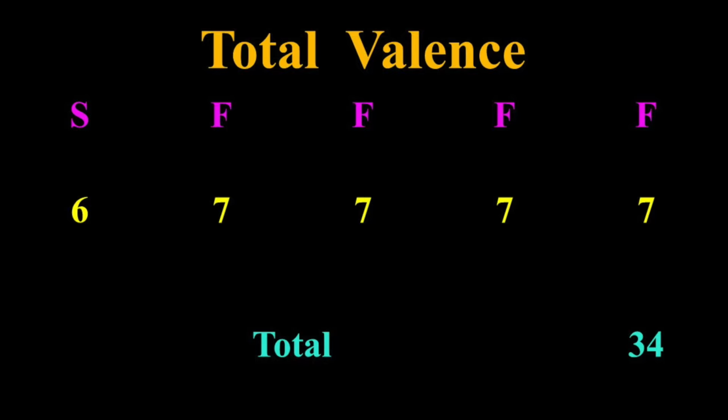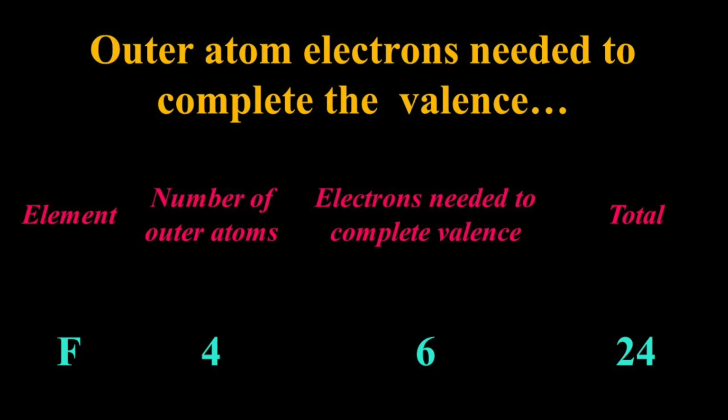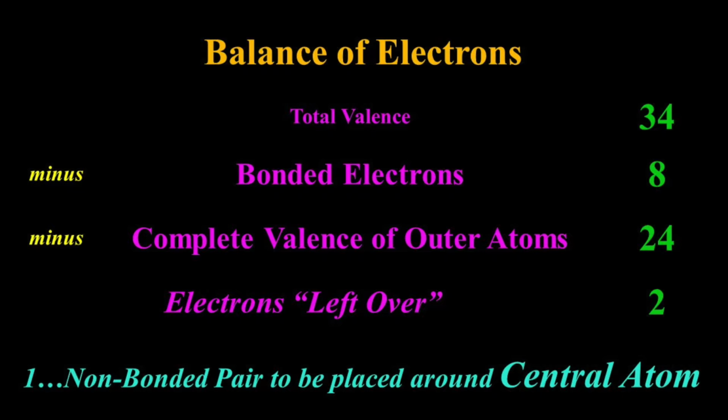That will give us a total number of electrons of 8, because you're going to multiply 4 by 2, and that will give you 8 total bonded electrons. And then we're going to have 4 fluorines. They're the outer atoms. 4 times 6 is 24. So we're going to subtract those values, and you get 2 left over.